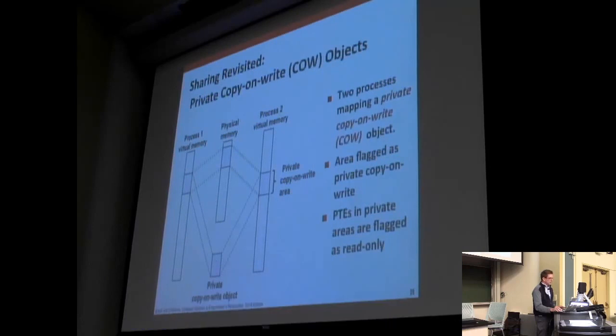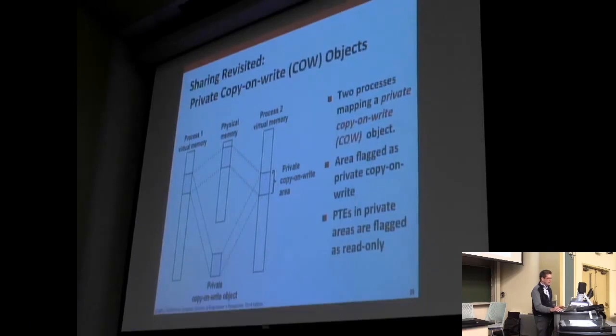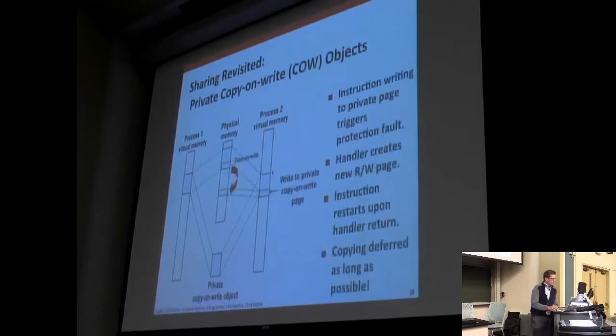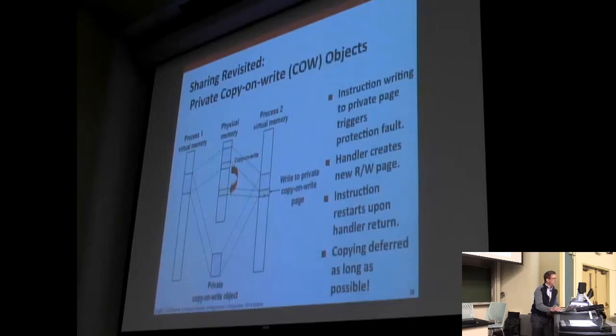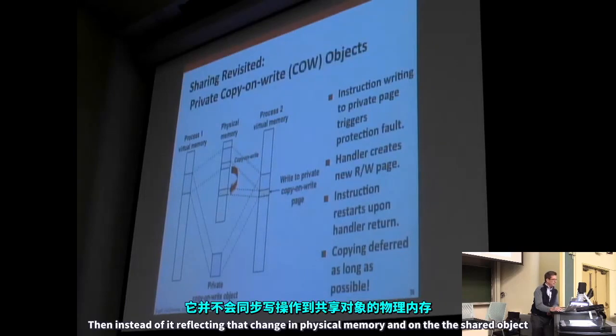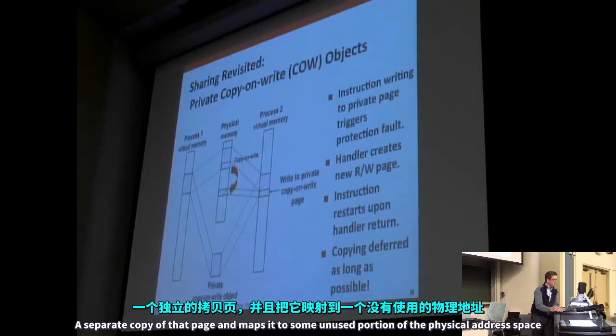But if this area is flagged as private copy on write, then if process 2 does a write to a page in that area, instead of reflecting that change in physical memory and on the shared object, it makes a separate copy of that page and maps it to some unused portion of the physical address space.